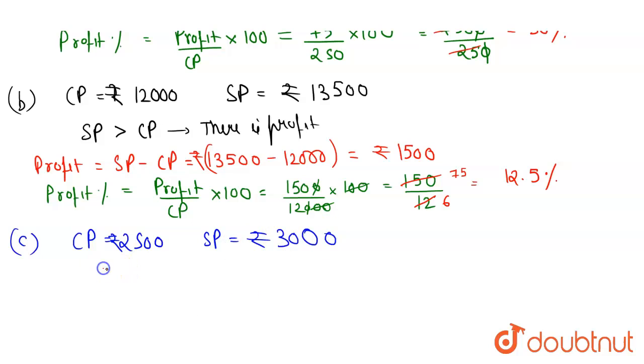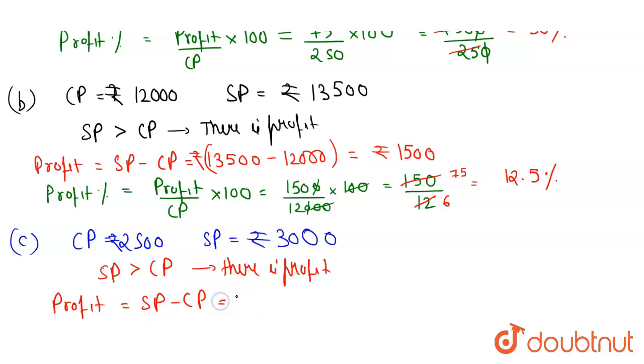Here you can see that the selling price is greater than the cost price, so there is a profit. Profit is equal to selling price minus cost price, so this will be rupees 3000 minus 2500, which is equal to rupees 500.